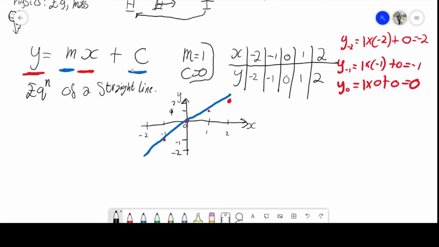Okay, so this is how we can take variables y and x with constants m and c and create what is essentially a function of x. This function here is a straight line. This is one way of using this language here.